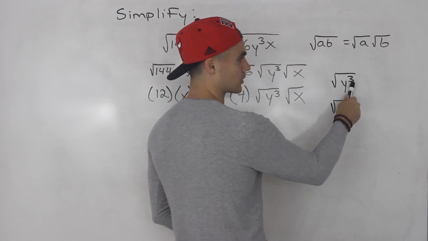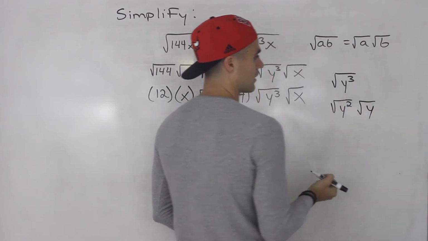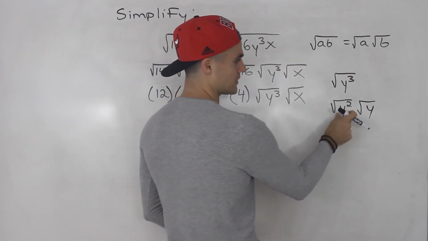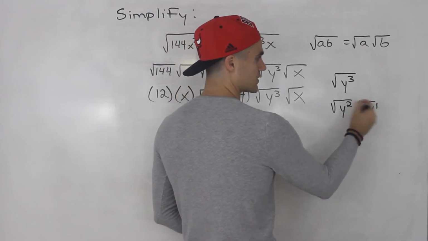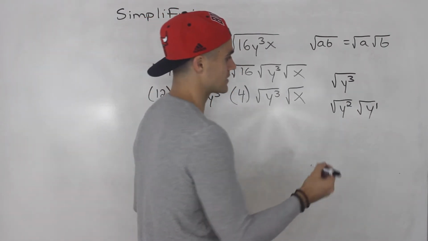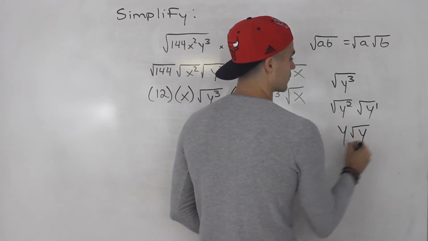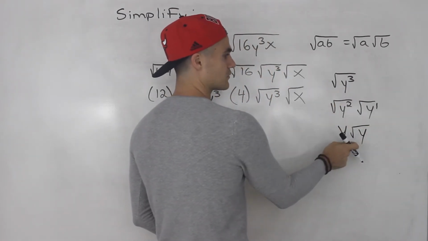So the highest even number closest to 3 is 2, times the square root of y, right? Because y squared times y to the power 1 is y to the power 3. You're just adding the exponents. Then the square root of y squared is just y. And then that ends up being the square root of y. So this simplifies to that.